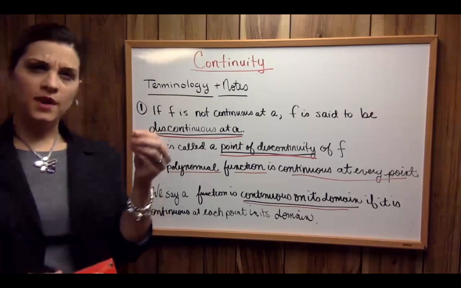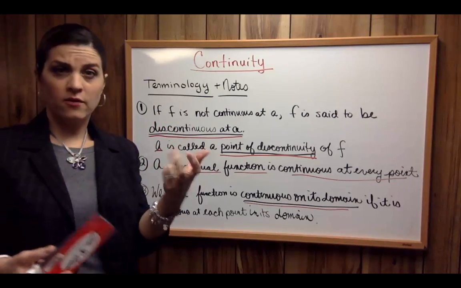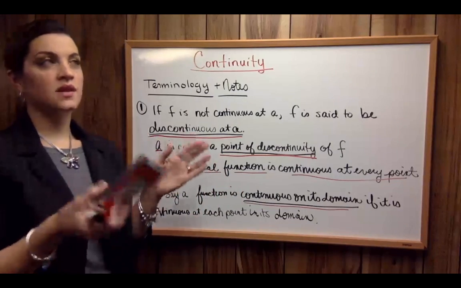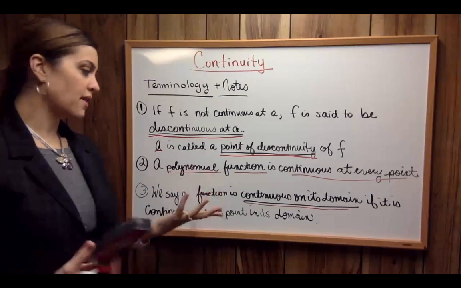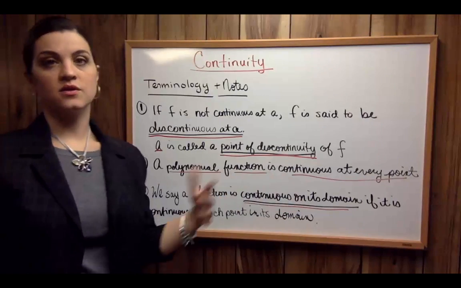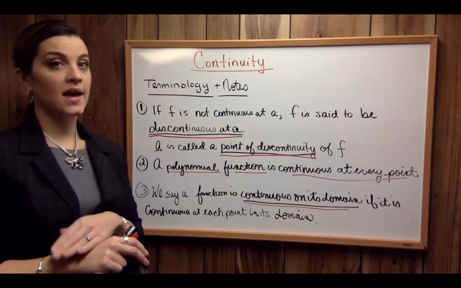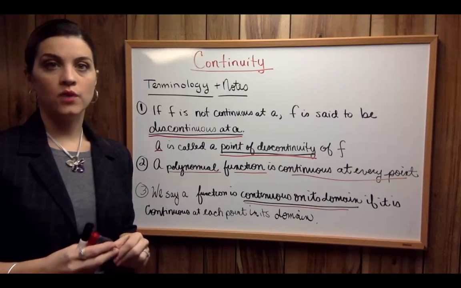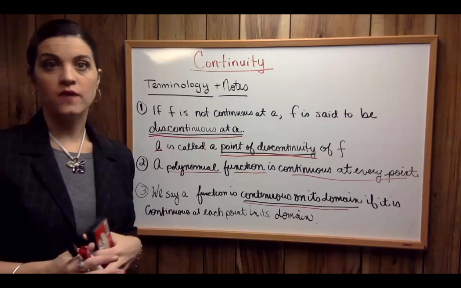So you have to first be able to tell what the domain of a function is. And then from there, as long as it's continuous at every point in its domain, you could say that the function is then continuous on its domain. It may not be continuous everywhere, but it may just be continuous on the values that are in its domain and those values only.